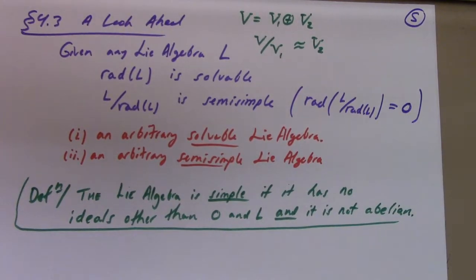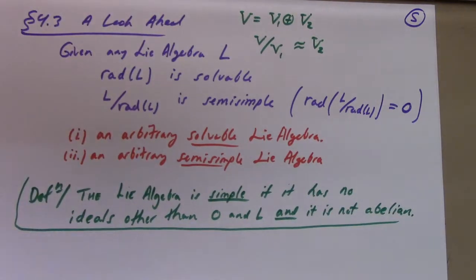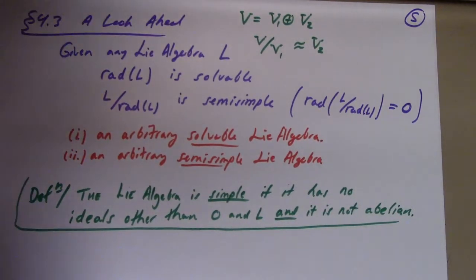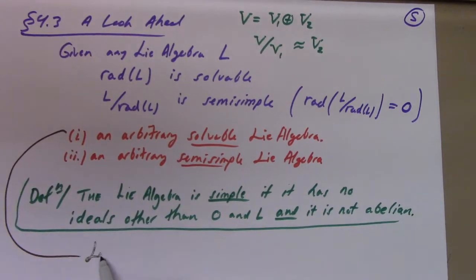All right, so he mentions here that historically the answer to the first question, what's an arbitrary solvable Lie algebra, was found by Lie back in the 19th century.